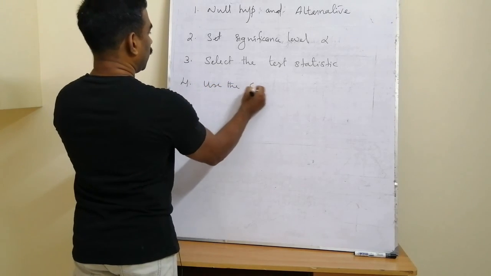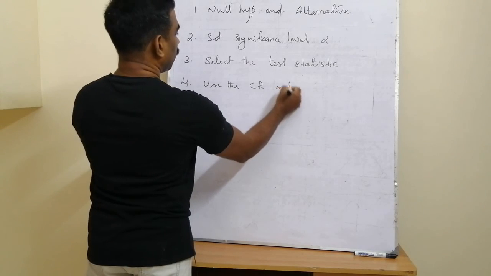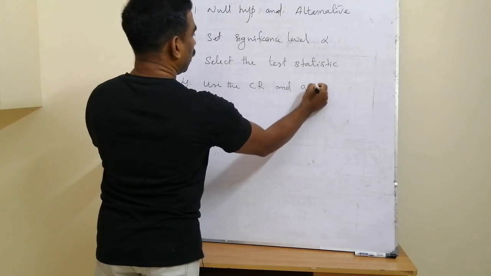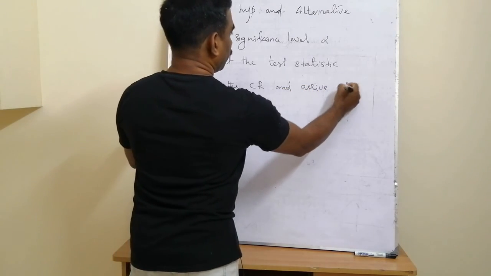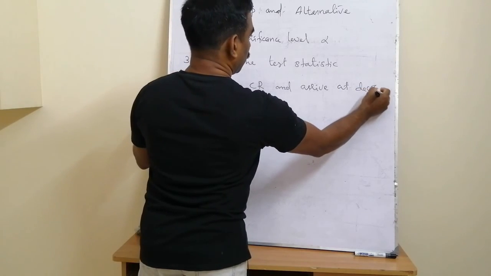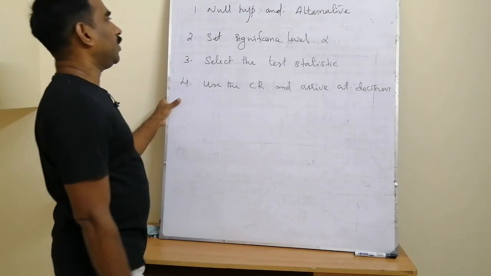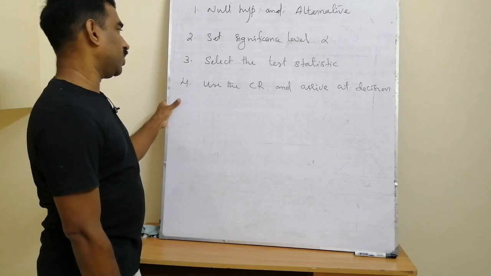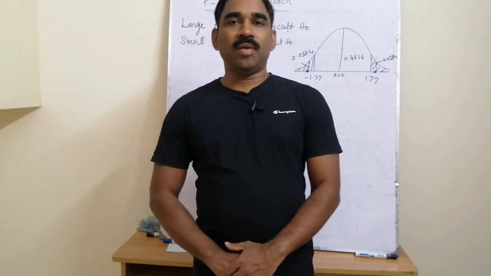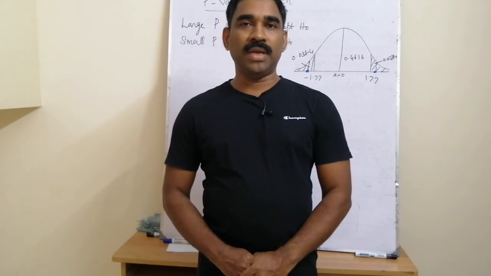Use the critical region and arrive at the decision whether to accept or reject the null hypothesis. So these are the main concepts associated with mean testing.